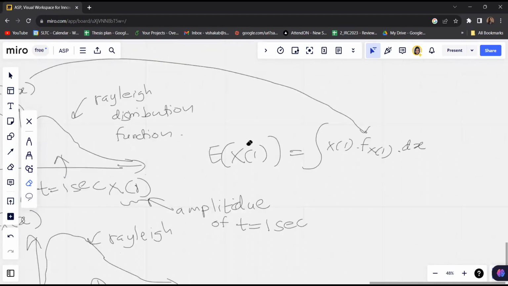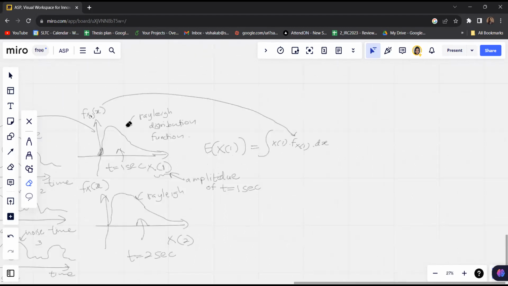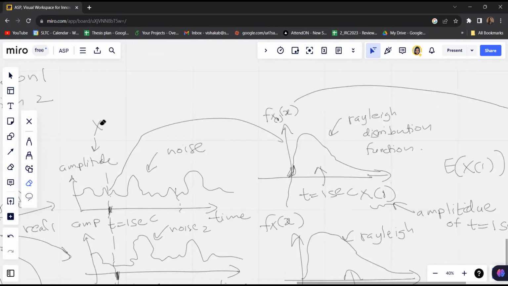So this is just one random variable of this sequence. There are an infinite number of random variables in this sequence. As you can see, time equals 1 second is just one random variable of this sequence. So we can define the expectation for each of those random variables separately.